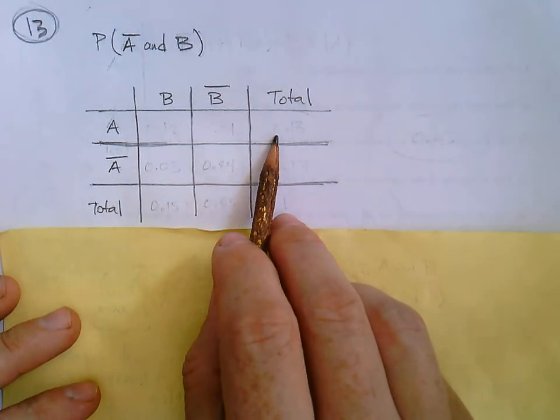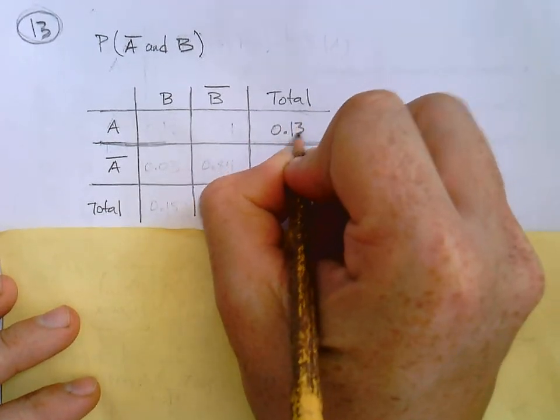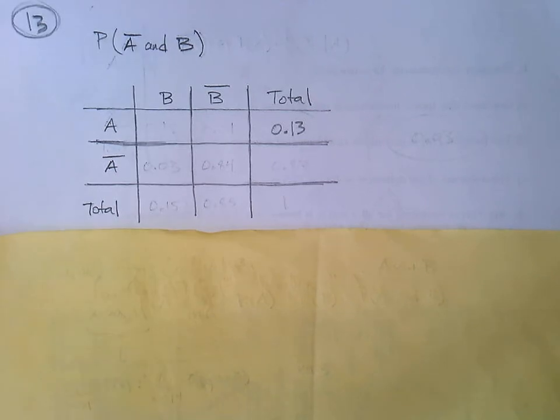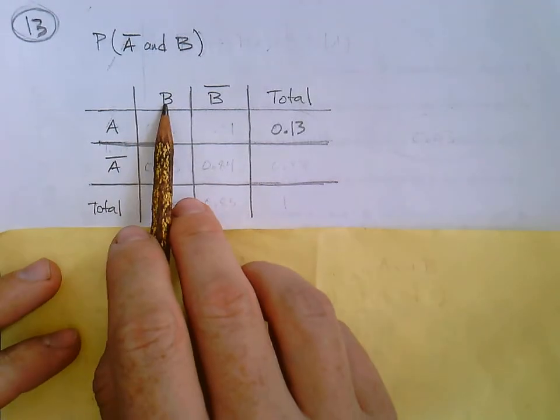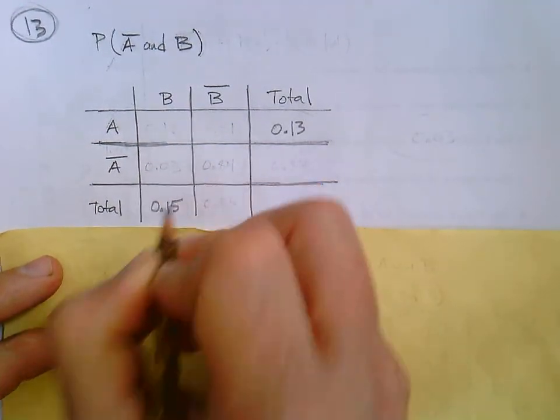So that's the total of event A. 13% have satisfied event A. 15% have taken discrete mathematics. So where would we put 0.15? Well, discrete mathematics is event B, and it's the total. Okay.